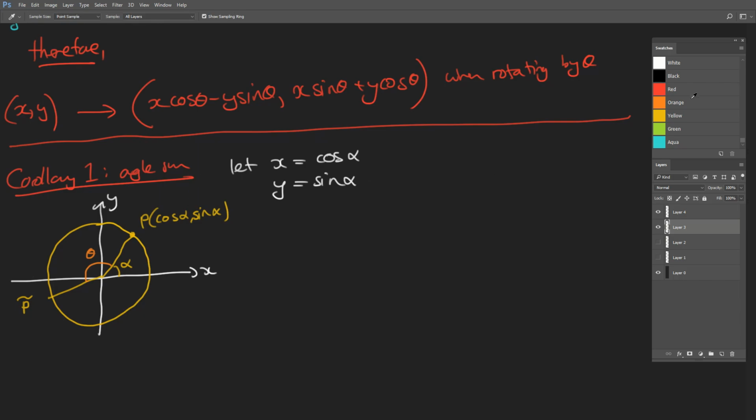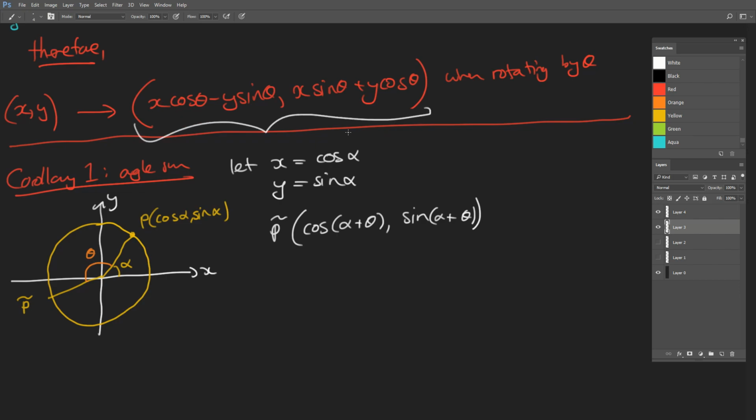So the first thing to note is this whole angle here is just alpha plus theta. So we can write p tilde as cos of alpha plus theta and sine of alpha plus theta, because p lies on the unit circle, and this is just a whole angle of alpha plus theta.